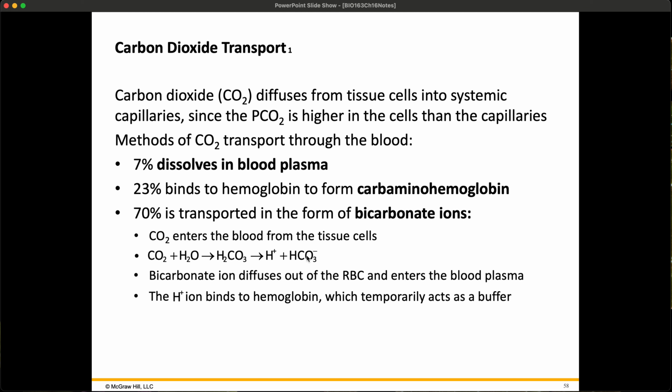And bicarbonate acts as a buffer. It travels through the blood plasma, so that as this hydrogen ion might be starting to produce more and more, this bicarbonate is there to act as a buffer to keep pH nice and neutral temporarily, because we'll see that this gets exhaled pretty quickly.